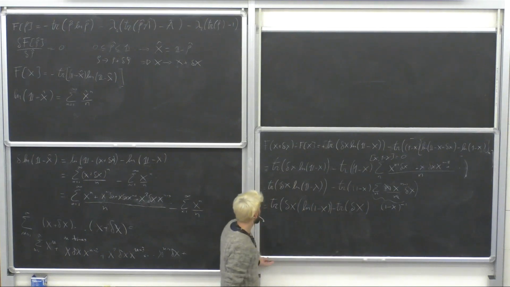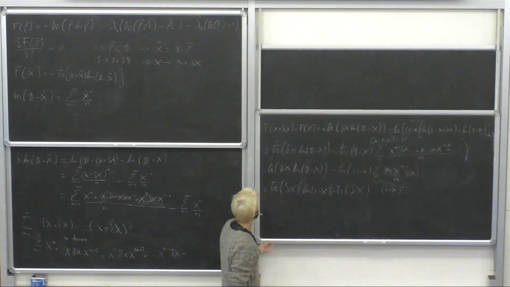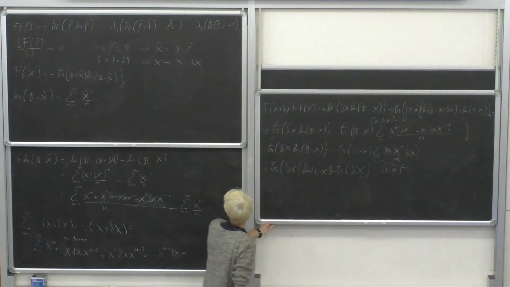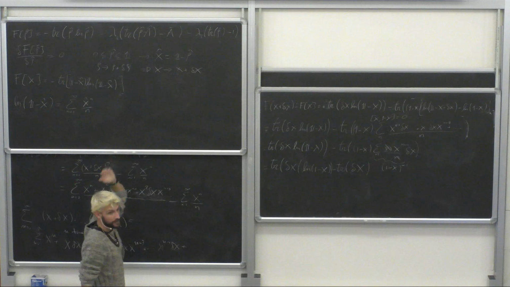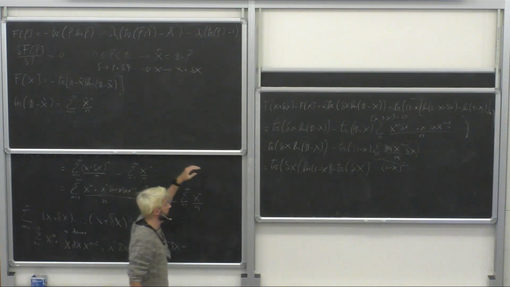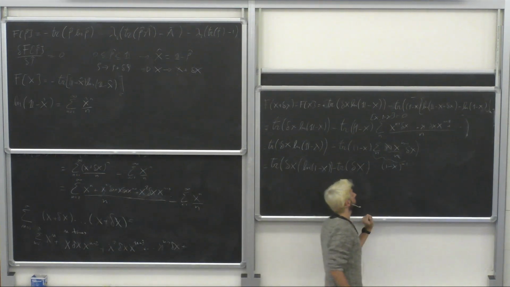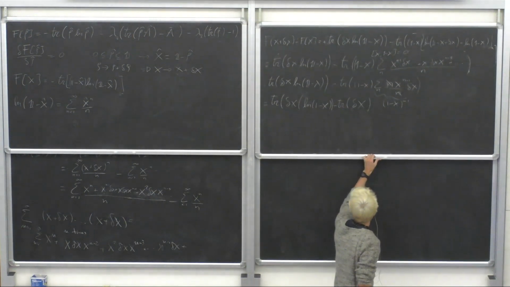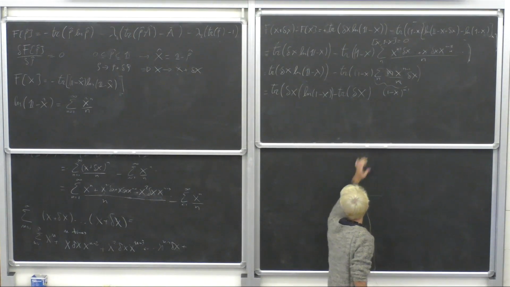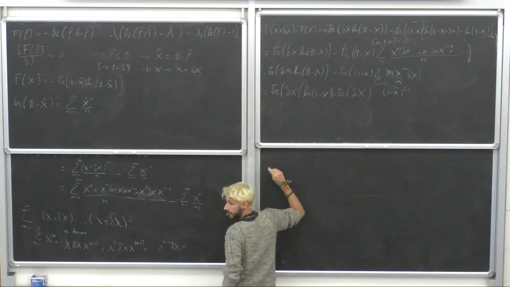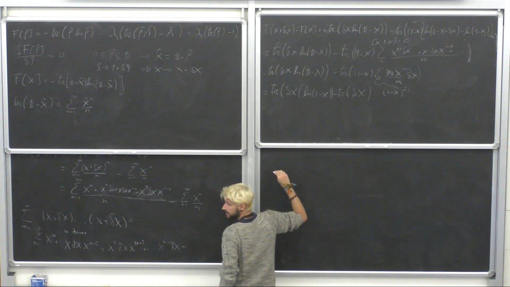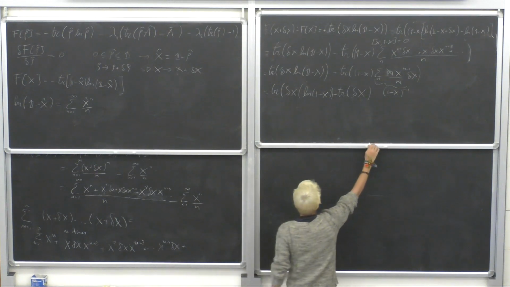Let's say now, after this clumsy derivation, it's quite easy to compute the derivative of the whole thing with respect to x. But maybe at this point you can also replace x with rho.